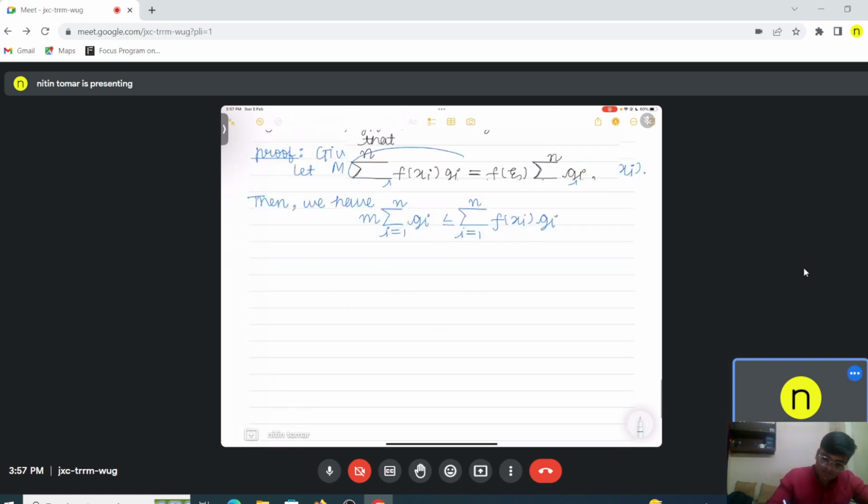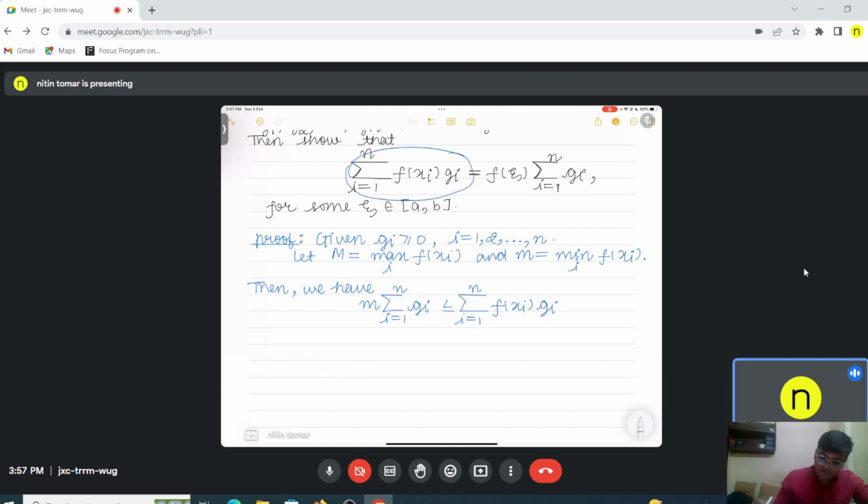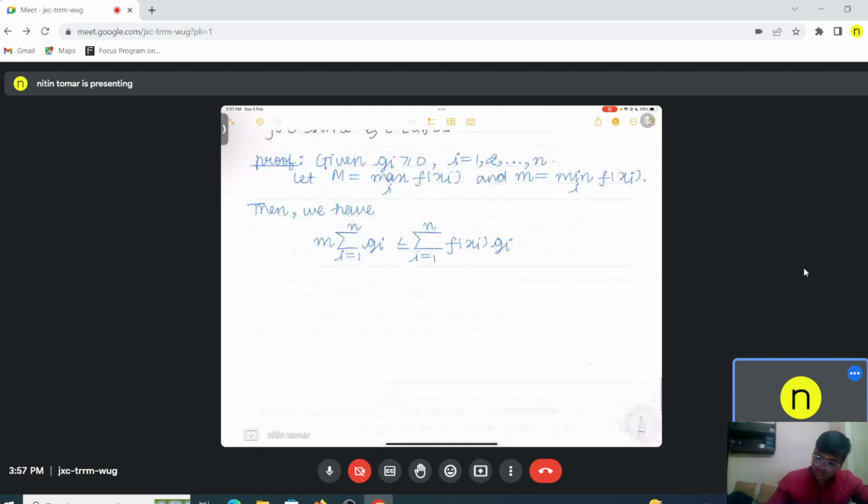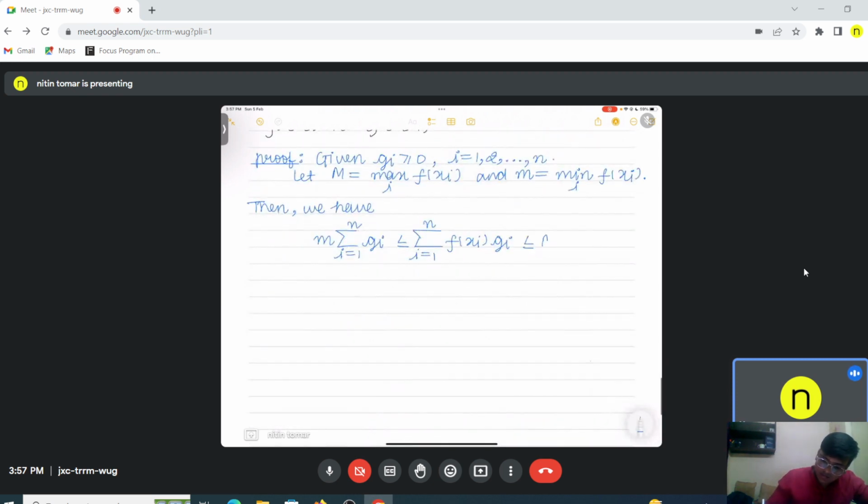Its lower bound will be coming from small m, and the upper bound will be coming from capital M. So it will be less than or equal to capital M times summation gi, not f of xi, gi, i going from 1 to n.